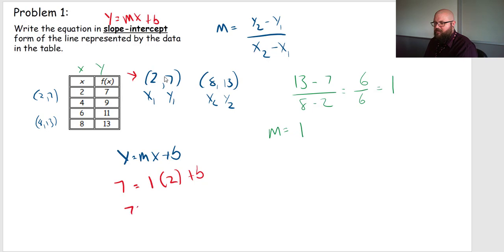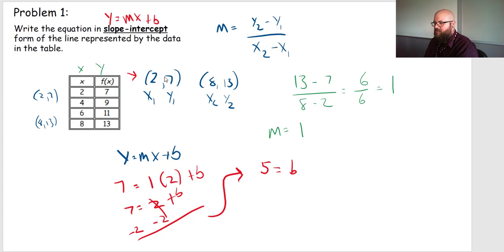So we have 7 equals 2 plus b, because 1 times 2 is just 2. And let's subtract 2 from both sides. 2's go away here. I'm going to bring this over here so it's not so sideways on you. So we should be left with 7 minus 2, which gives me 5, and we're left with just a b on the other side.